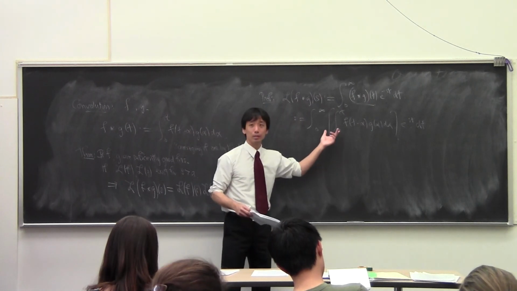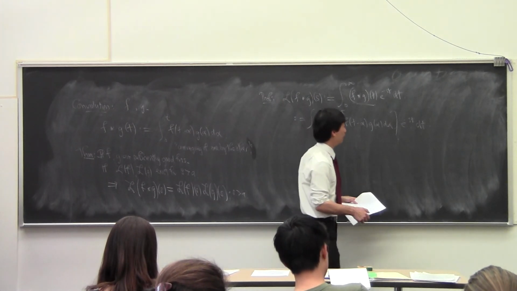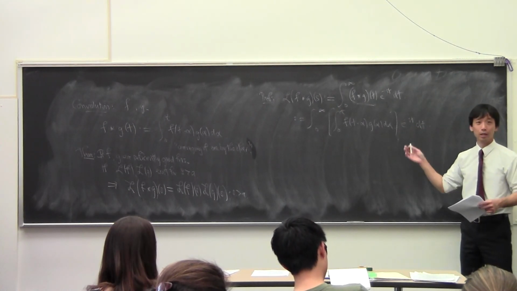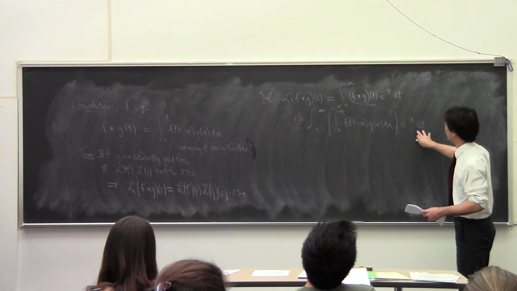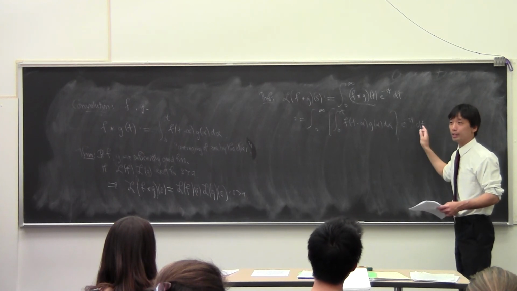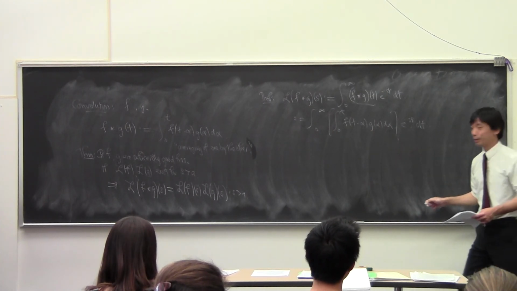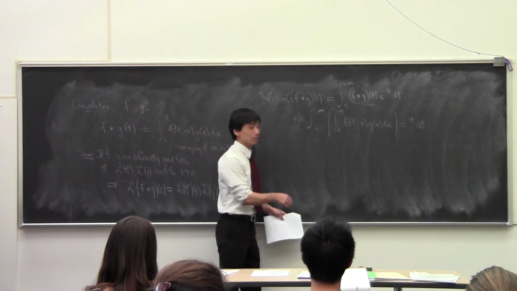So you have this double integral, right? And the thing that we're going to do is change the order of integration. So instead of integrating first d alpha and then dt, we're going to integrate dt and then d alpha. Do you guys remember how to do this sort of thing? One has to take a little bit of care.